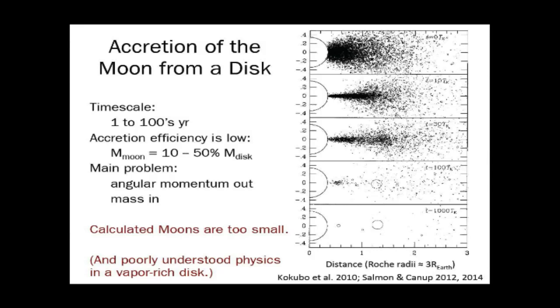And so angular momentum is moving out and most of the mass is moving in, and that defines the inefficiency of lunar formation. And so in most cases, when one starts with a calculation from a giant impact simulation and then uses that to calculate the size of the moon, most of the moons that form are less than a lunar mass. It is not a common result from the giant impact itself. And the physics of what happens in a vapor-rich disk is complicated and not fully understood, and we'll get back to that.